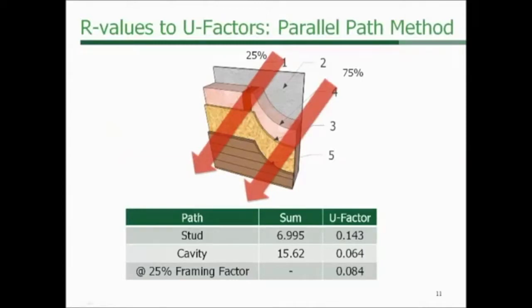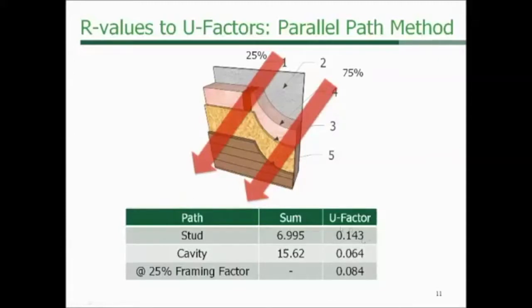Okay, so going back to our example, we have the U factors for going through the stud path, and we have U factors going through the cavity path, okay? And for the framing factor, we're just going to assume it's 25%, okay? 16 inches on center, normal headers. So we say, look, 25% is going through the studs, 75% is going through the cavity.